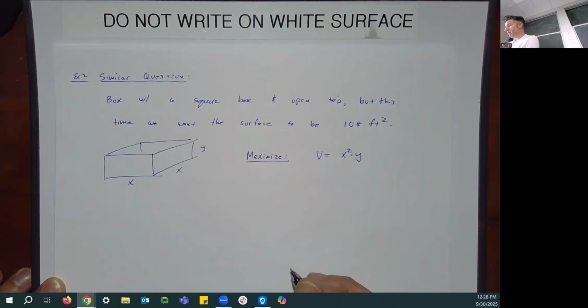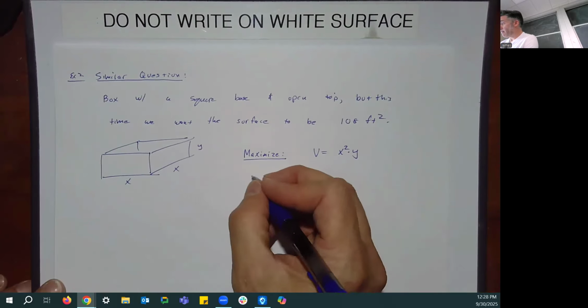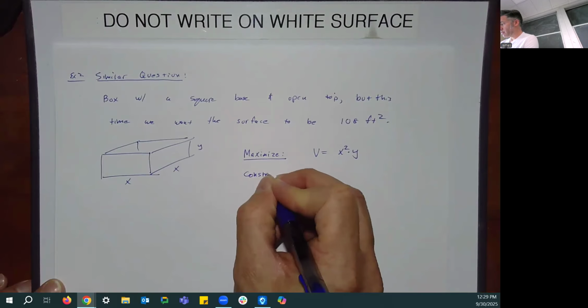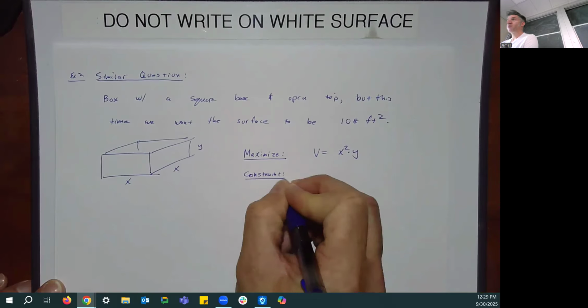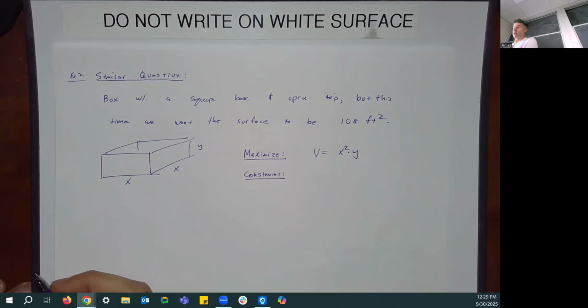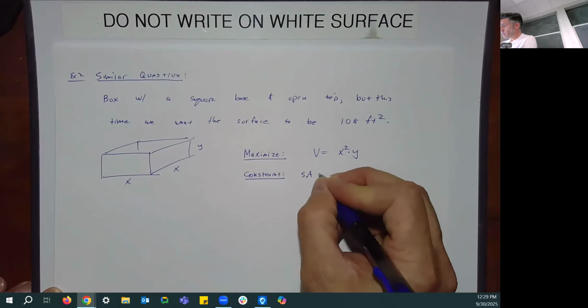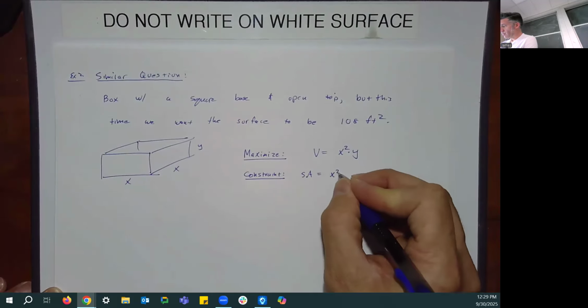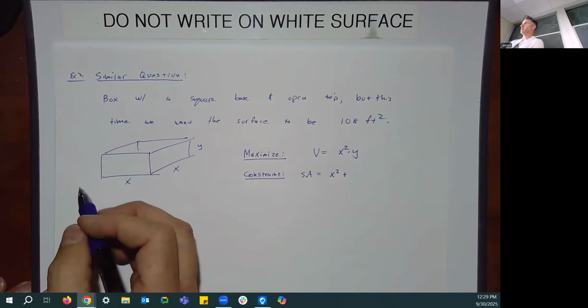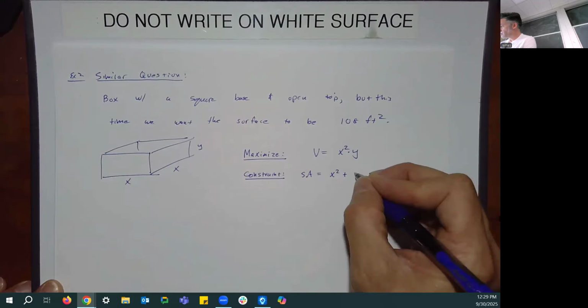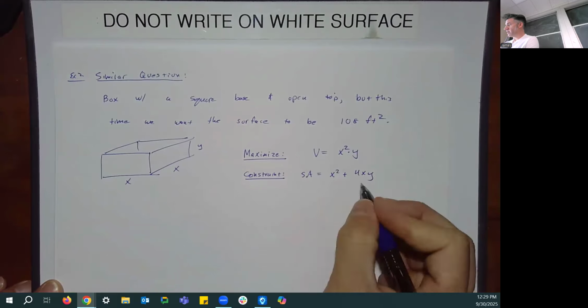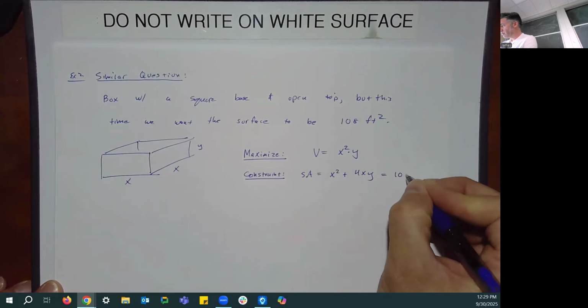And we have a constraint, which is the surface area value. So our surface area equation is the bottom side, x squared, plus the 4 sides, x times y 4 times. And we want that surface area to be equal to 108.